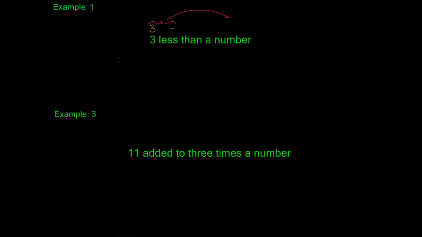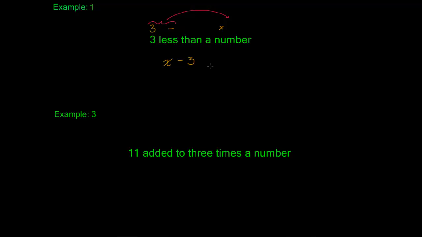And then we have a number. A number is not defined, so we can call that our x. So let's rewrite this. After the switch, we have our x, and now we switch these two, minus 3. So, 3 less than a number. Here's our number. 3 less than that, so we would subtract 3.